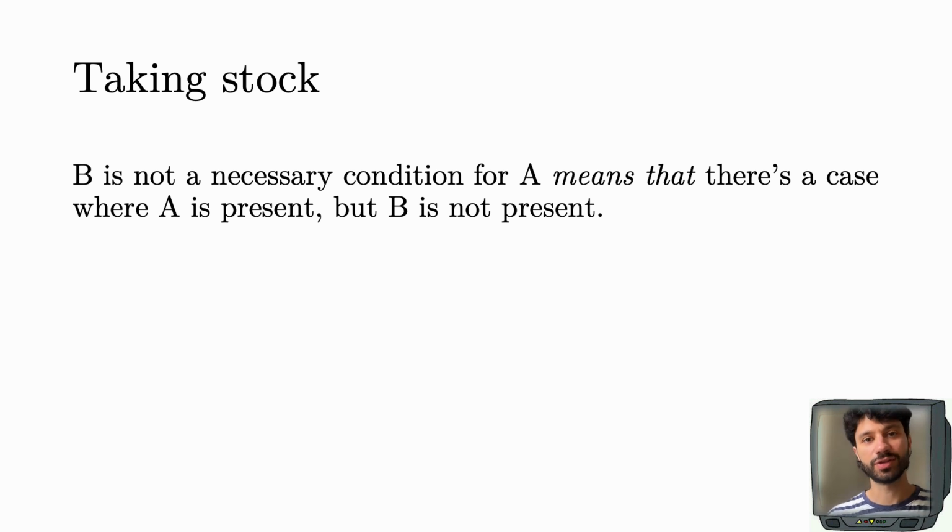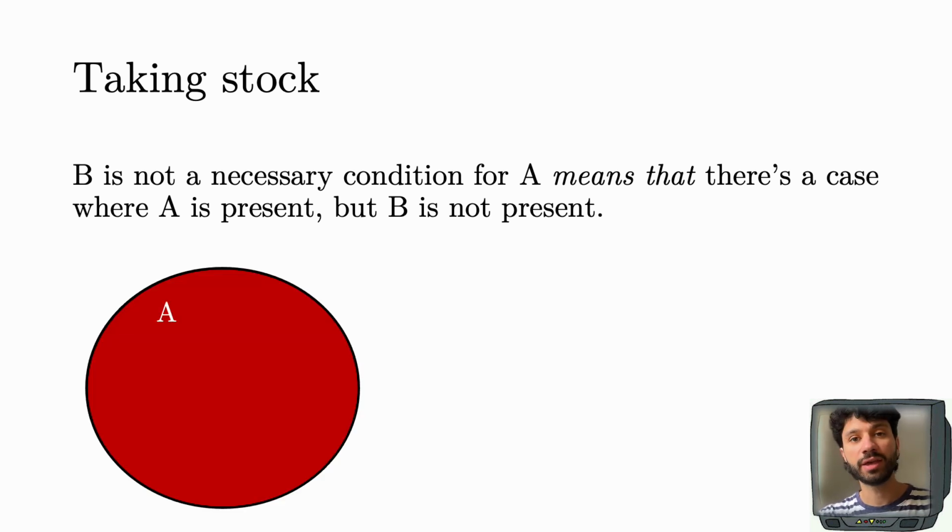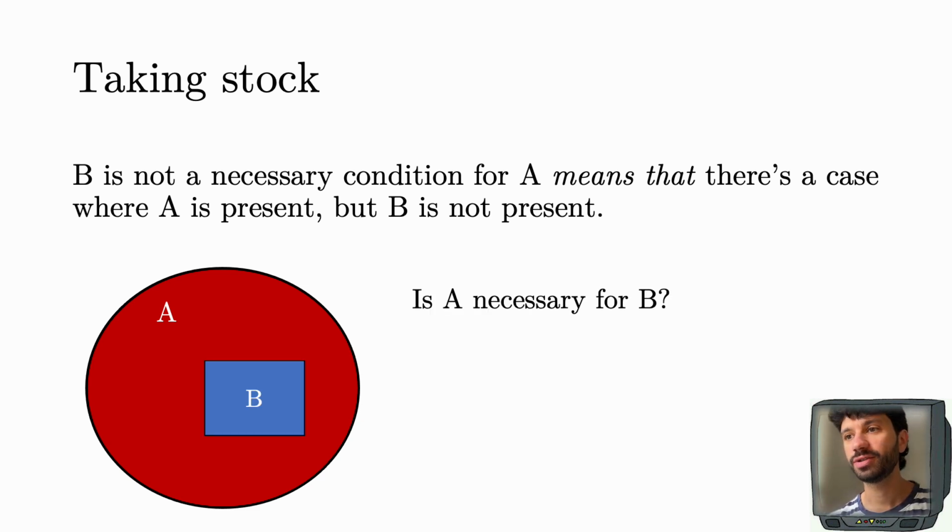Again, let's look at this with our diagrams. So here's A again, and we put B just as before. Now ask yourself, is A necessary for B? I understand that these A's, B's, F's, G's can get a little bit confusing, but eventually you'll get the hang of it.